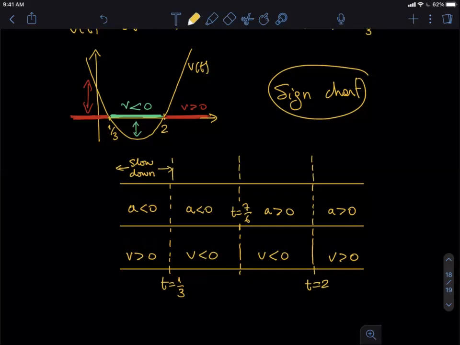All right, so that means it's speeding up, because both of them have the same sign. Then the third step from 7/6 to t equal 2, they have again different signs, so it's slowing down.